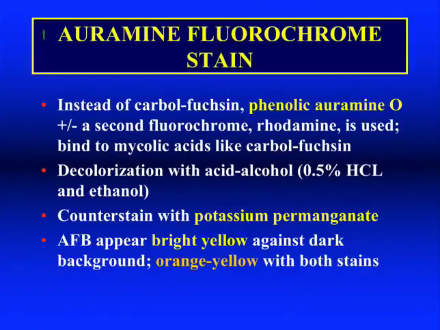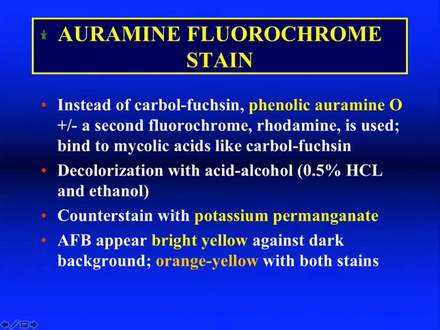Then the last one is the auramine fluorochrome stain, where instead of carbol-fuchsin, we use auramine dissolved in phenol, or auramine and the second one, rhodamine, dissolved in phenol. And it equally binds mycolic acids as did carbol-fuchsin, but it's a fluorescent one. So you can use a fluorescent microscope and go very quickly through those smears.